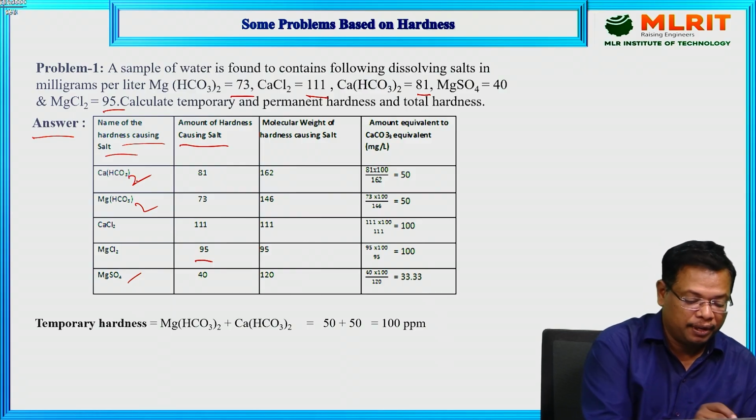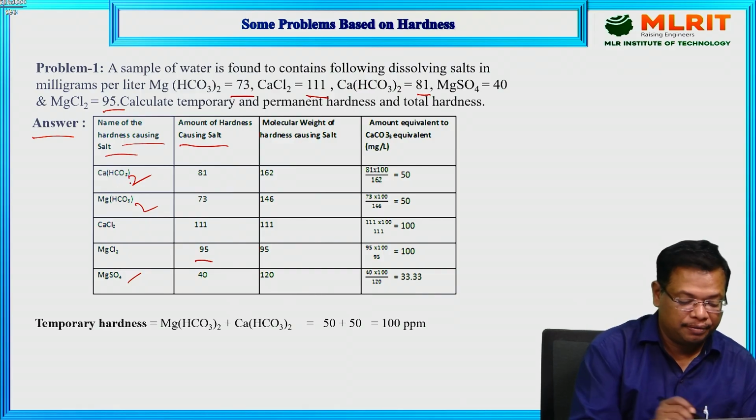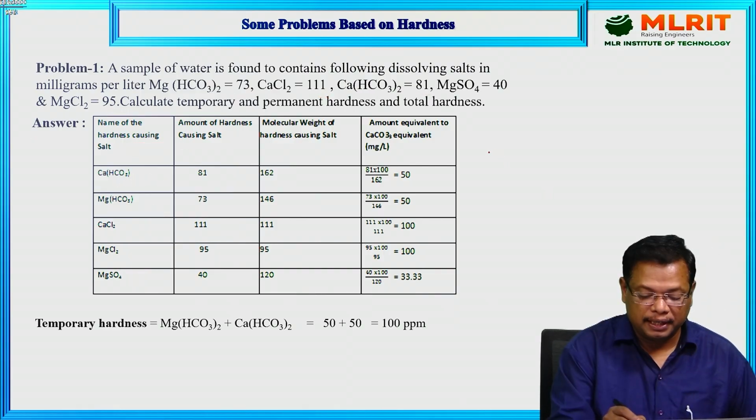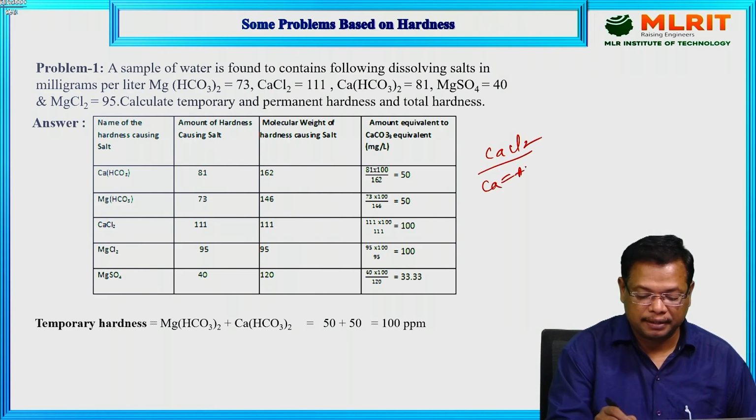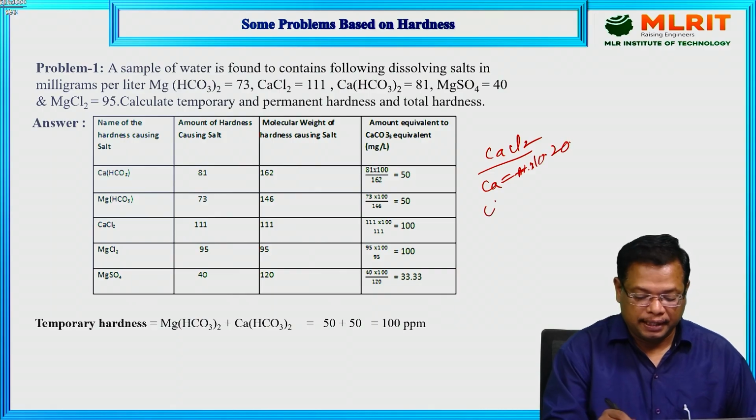So, what are the molecular weights of the given salts? For example, the molecular weight of CaCl2. Calcium has atomic number 20, and chlorine is 17.